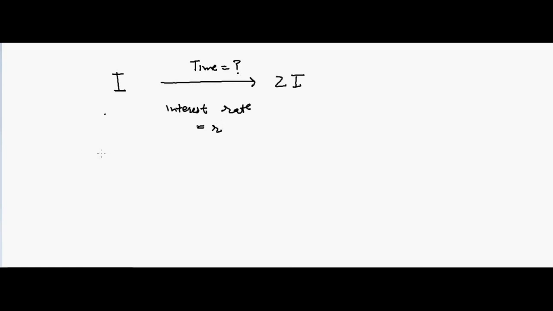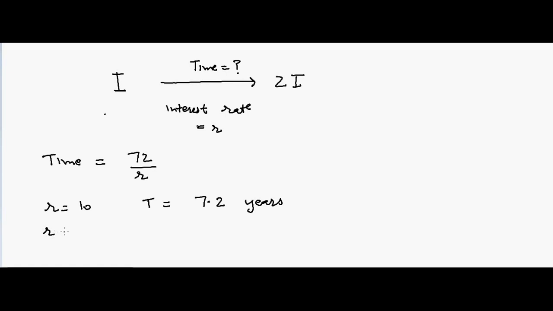There are certain ways to calculate this, but if you use this trick, the approximate time can be calculated very easily, and the time will be equal to 72 divided by r.